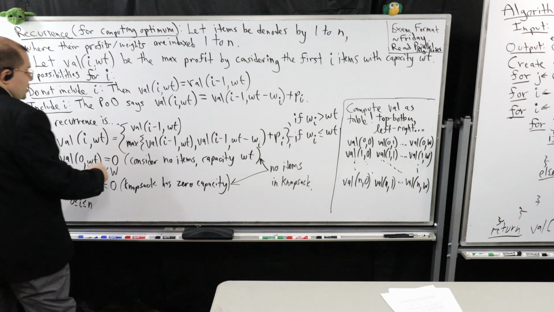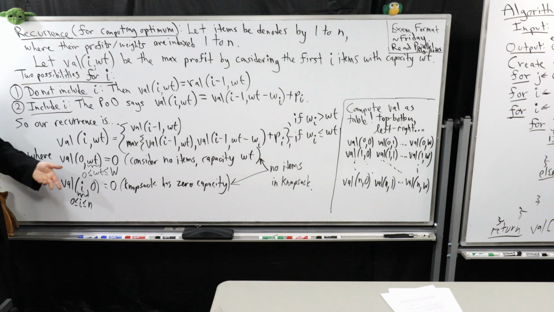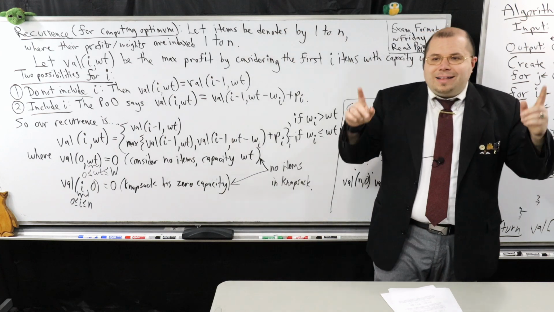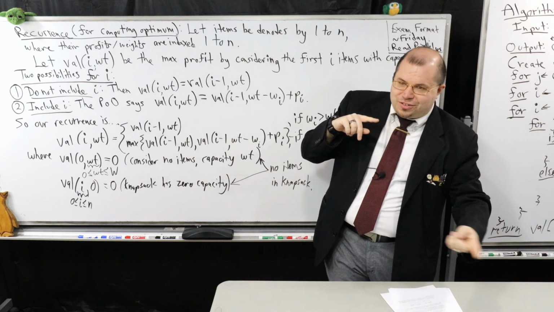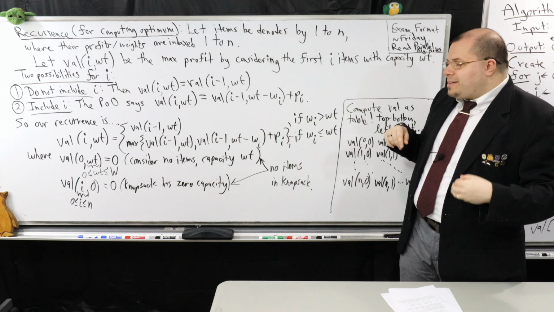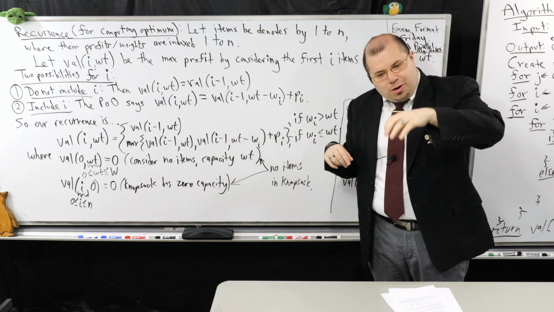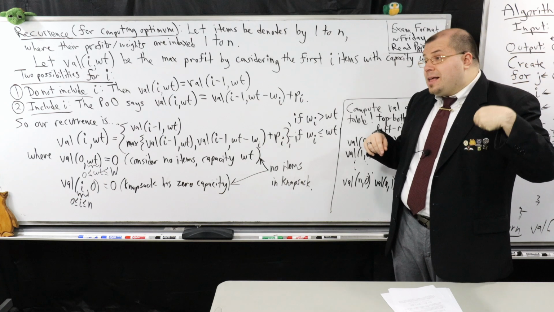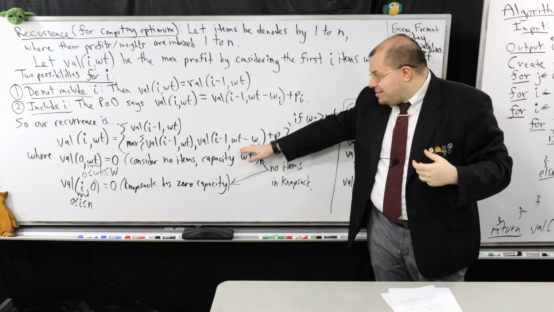Otherwise, if I can fit the item in, I'll take the better of two possibilities. Either I consider the first I-1 items, or I take that shot where I put in item I, increase my profit potentially, and decrease the knapsack's capacity.